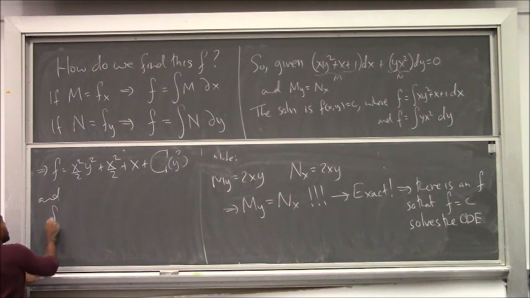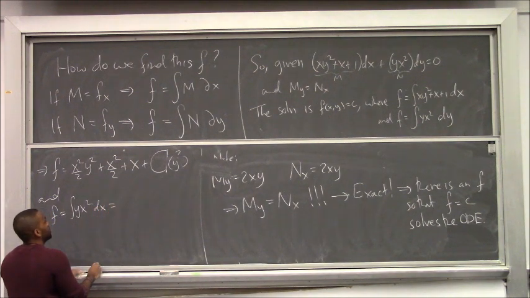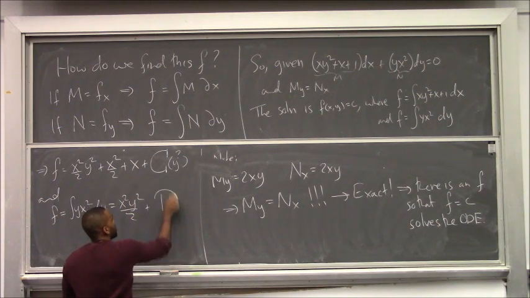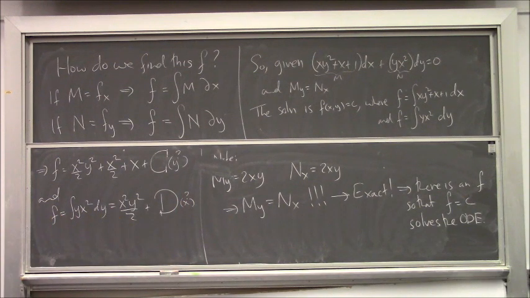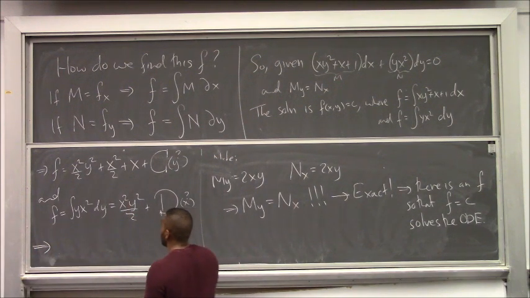And f is equal to the integral of y x squared dy. So you get x squared y squared over 2 plus some other constant, which is potentially a function of x. But again, you don't actually care. So what you're going to do now is pick out all the unique functions. These are the same functions, so you don't want to copy anything twice.